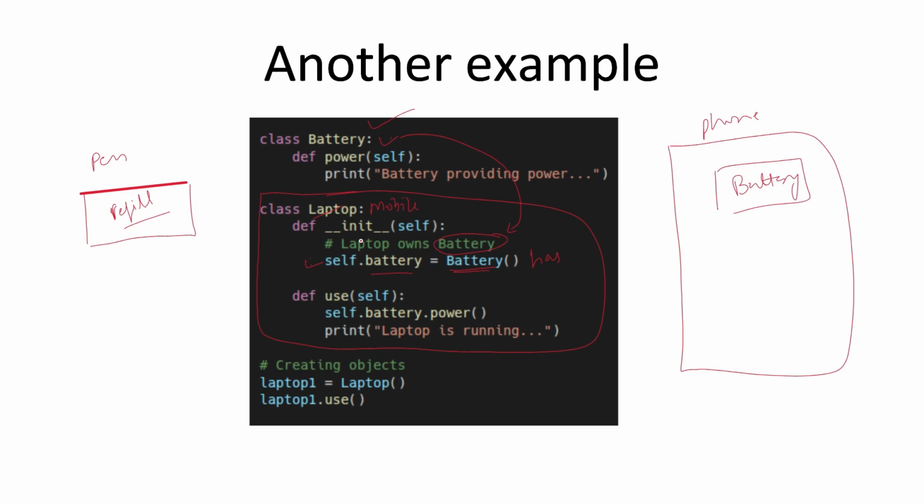Earlier, in inheritance, all these methods are usable here, but here this is going to be its part, its variable, its class member. That is what a has-a relationship is. It is an important relationship. Sometimes we do this.